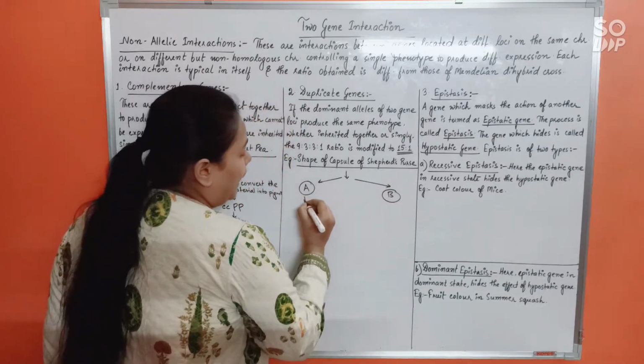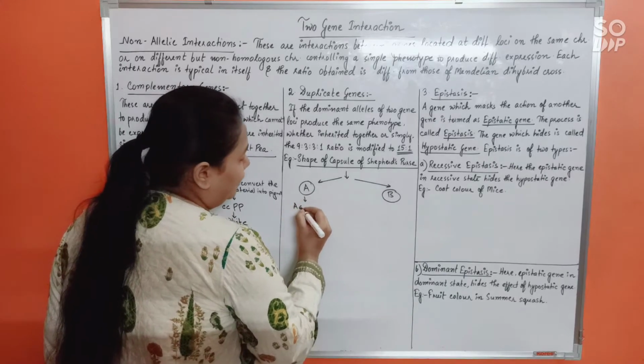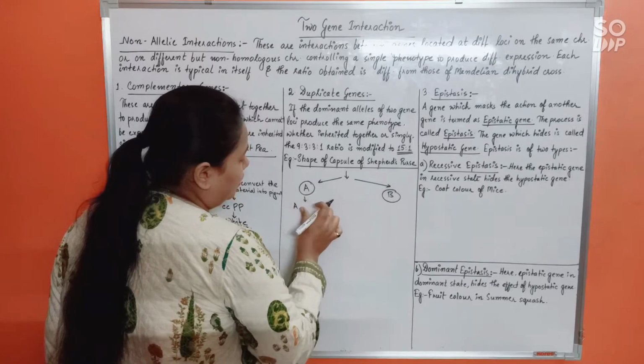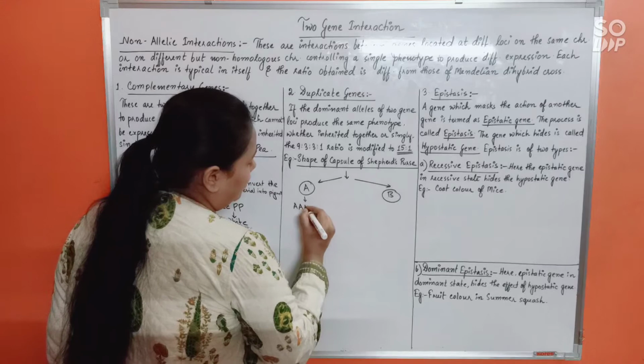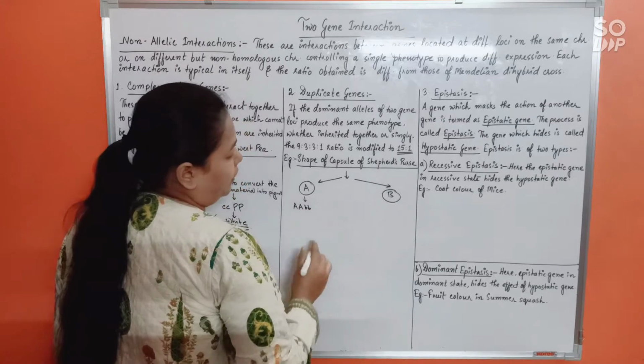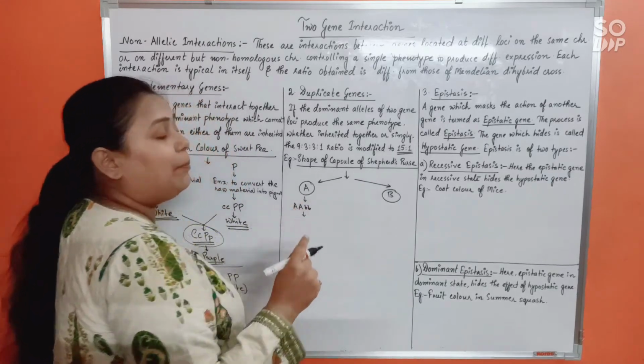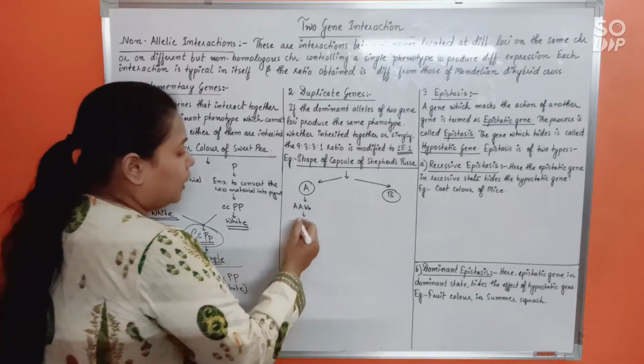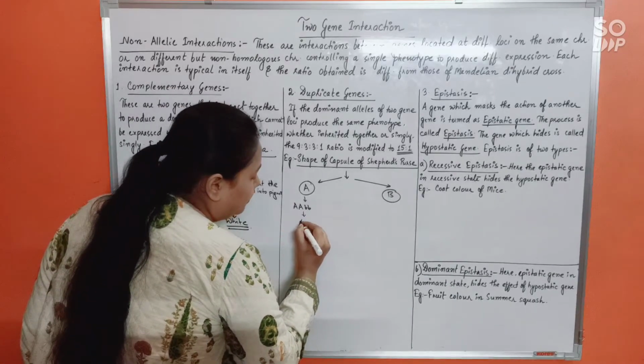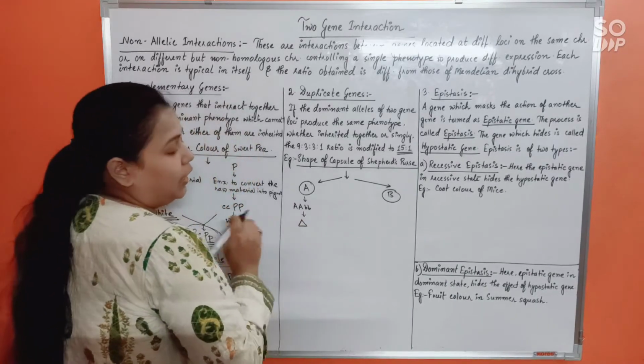When A is inherited singly, the shape of the capsule is triangular, like this, triangular.